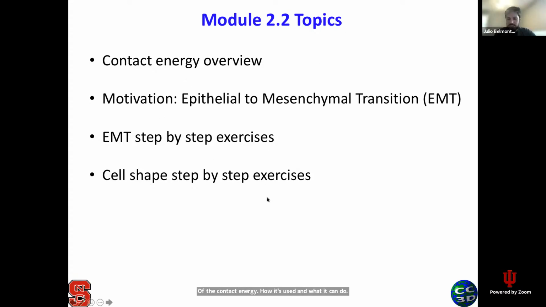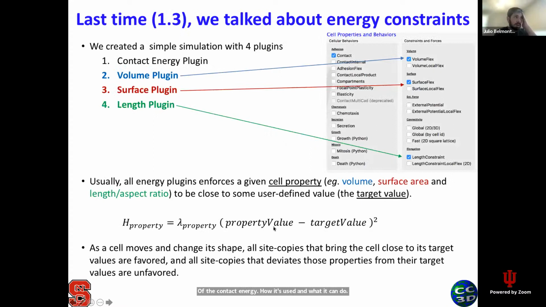So last time in module 1.3, we talked about the energy constraints. We made a simulation of a single cell, and we turned off all those 4 plugins. The volume, surface, and length plugins all do different things. One makes the cell keep its volume, the other makes the cell have a target surface, or target perimeter in 2 dimensions.